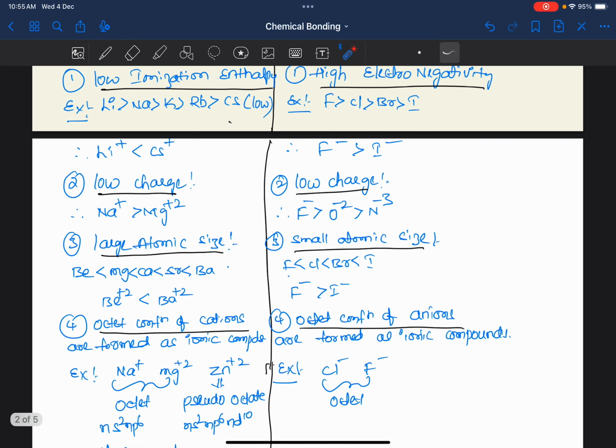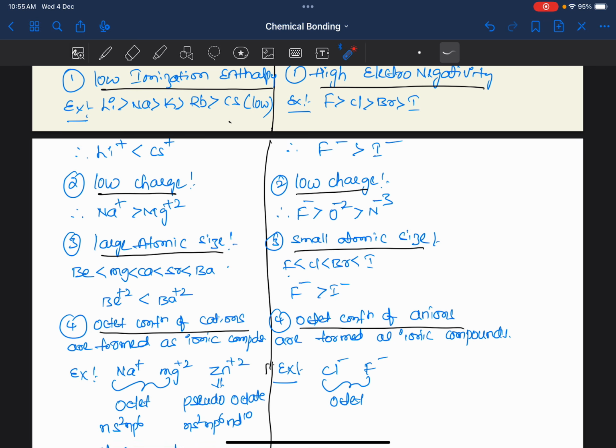The next factor is small atomic size. Small atomic size elements are always formed as anions. Again, taking the 17th group of elements, atomic size increases from fluorine to iodine.